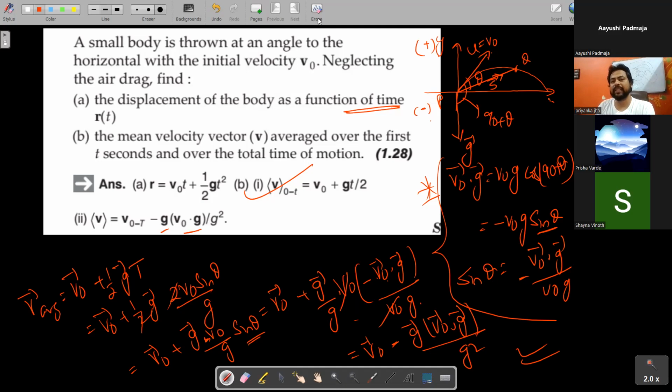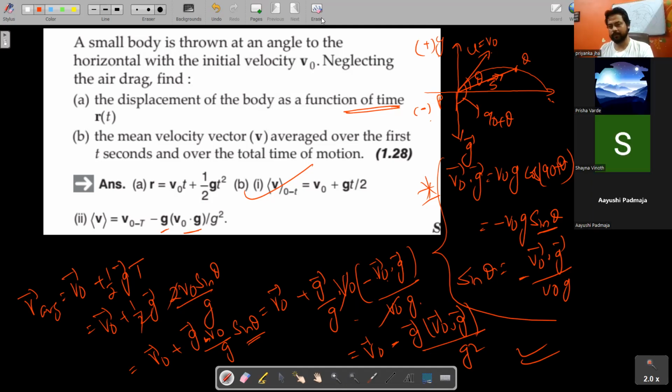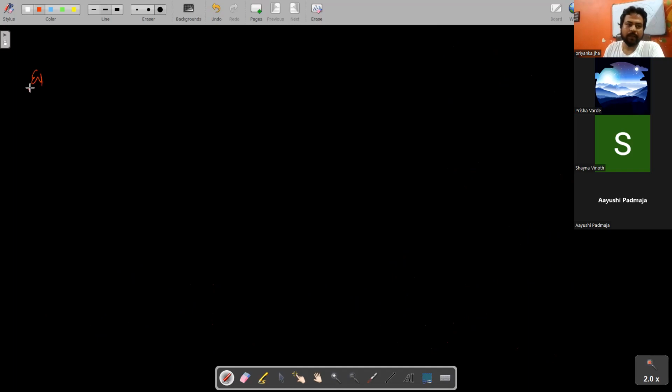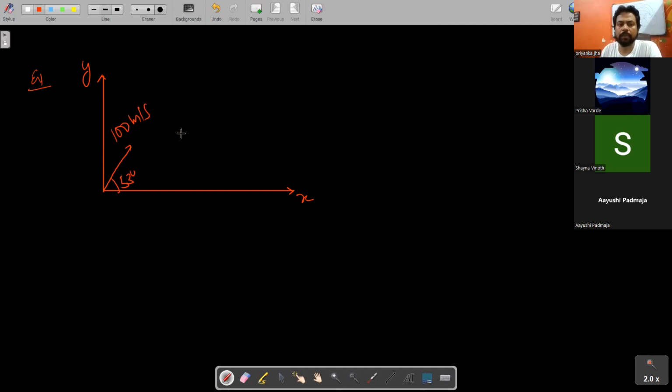Okay, now I'll give you one very simple question to solve. This is the x-axis, this is the y-axis. A ball is projected from this point at some angle, let's say 53 degree, with some initial speed, let's call it 100 meter per second. It will follow this parabolic path, projectile motion.